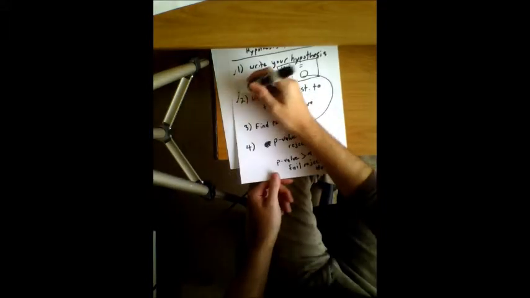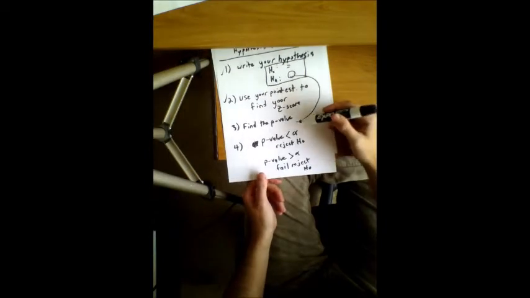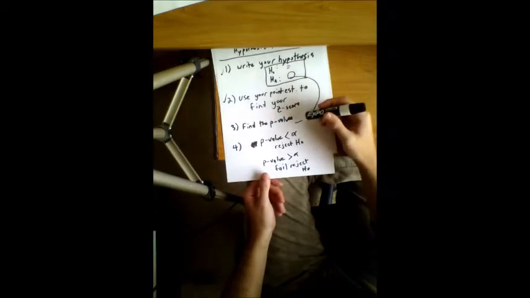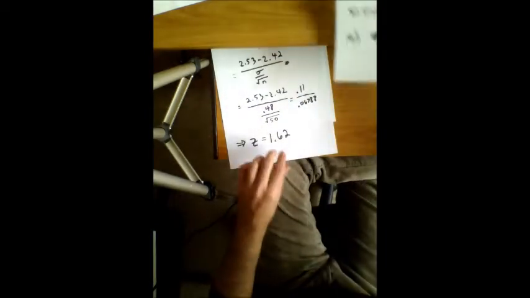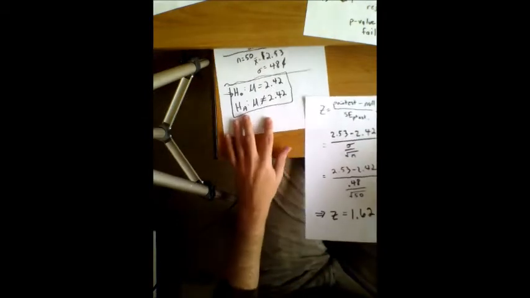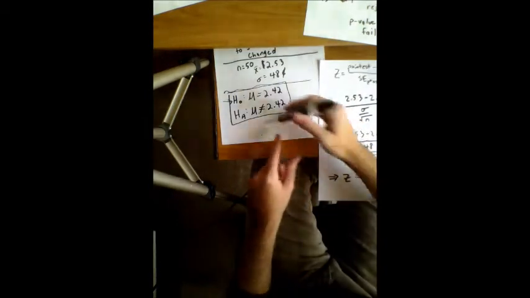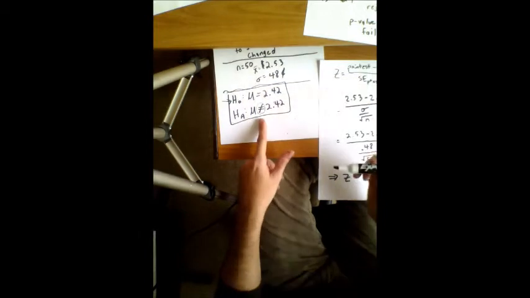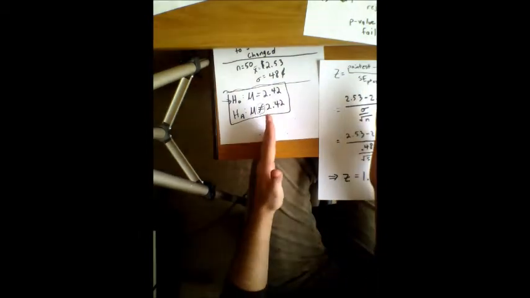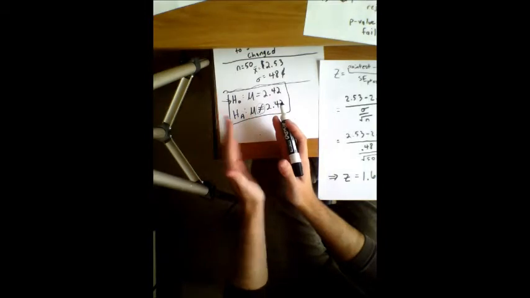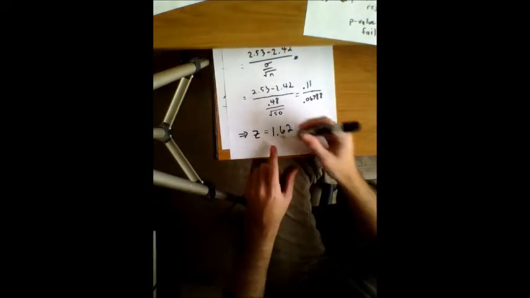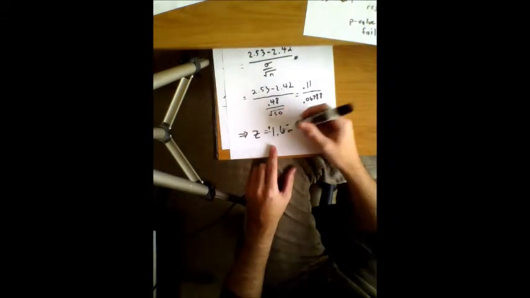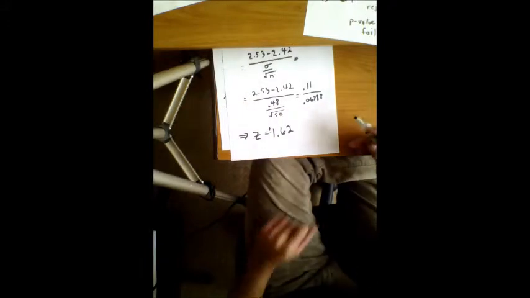So we've done that. Now we have to find the p-value. First of all, let's decide, are we doing a one-sided p-value or a two-sided p-value? To do that, we look back at our hypothesis. All I care about is this not equal. I could be to the right of this thing, I could be above it, or I could be below it. So I've got two tails here. This makes it a two-sided p-value. Because it's two-sided, I'll be interested in the positive and negative of this thing.